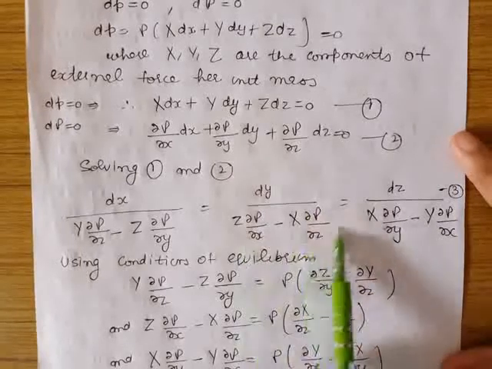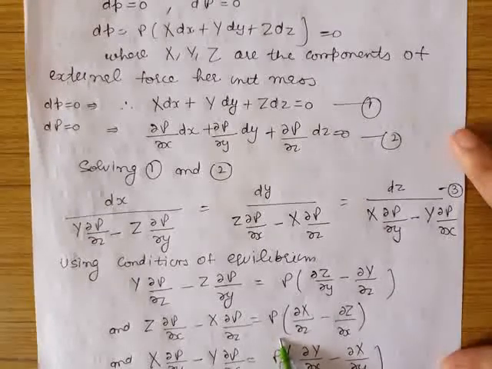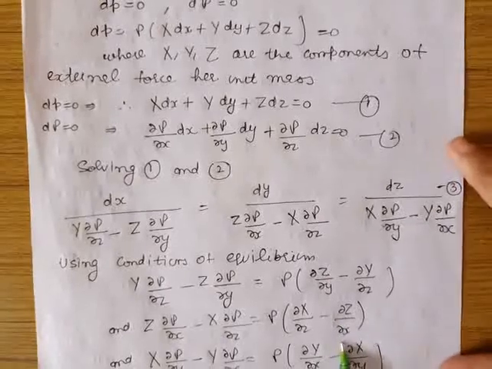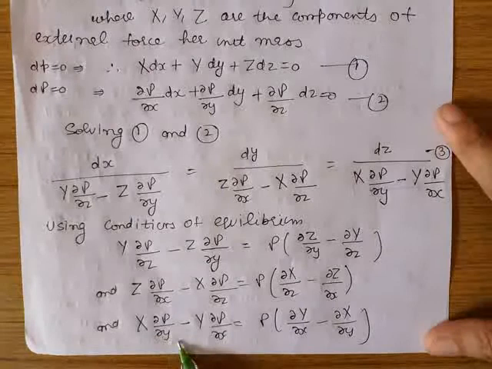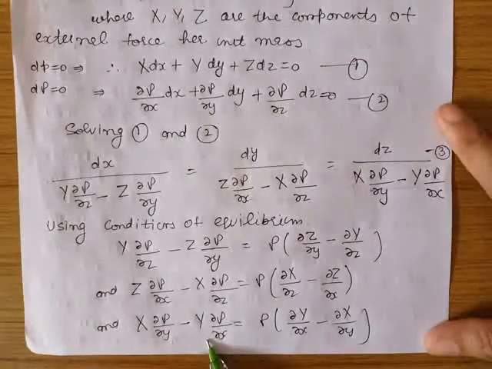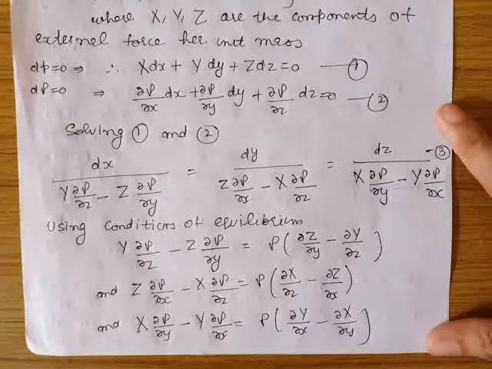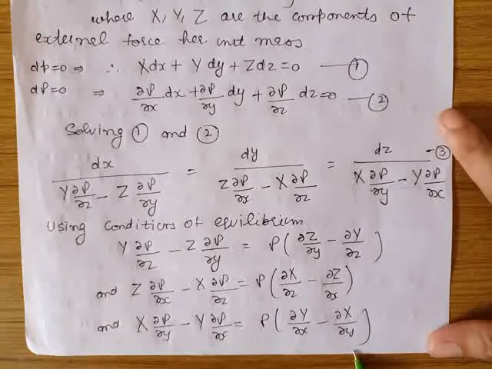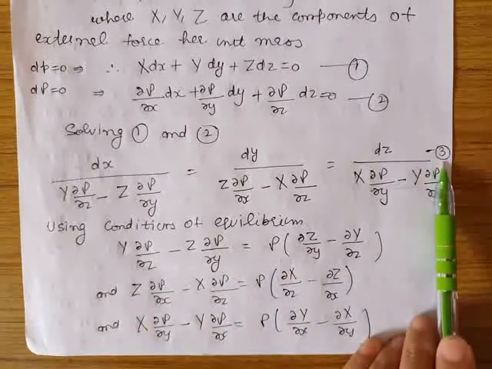The value of the next expression is given by ρ(∂X/∂z − ∂Z/∂x), and the value of the expression X ∂ρ/∂y − Y ∂ρ/∂x is given by ρ(∂Y/∂x − ∂X/∂y). So let us substitute the values of these three expressions in equation 3.